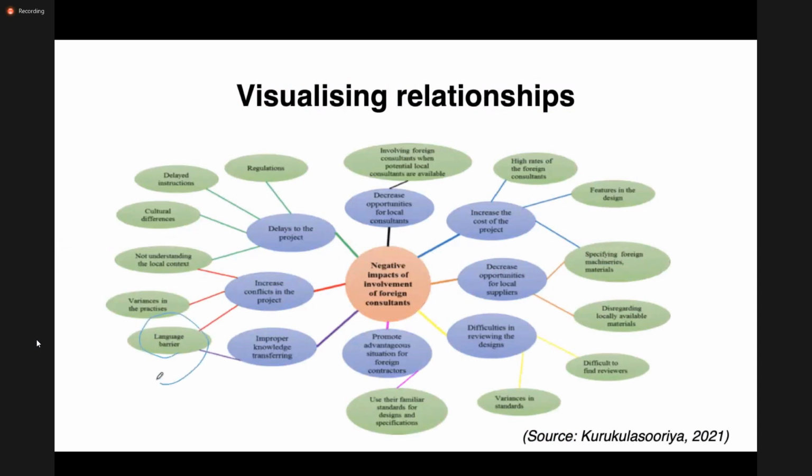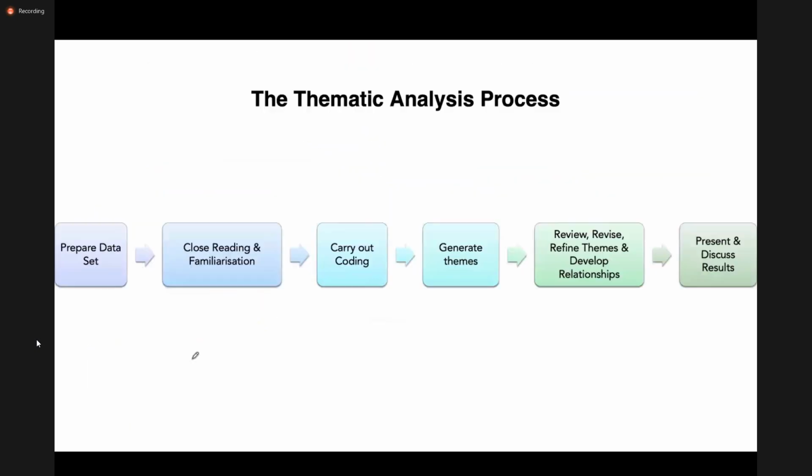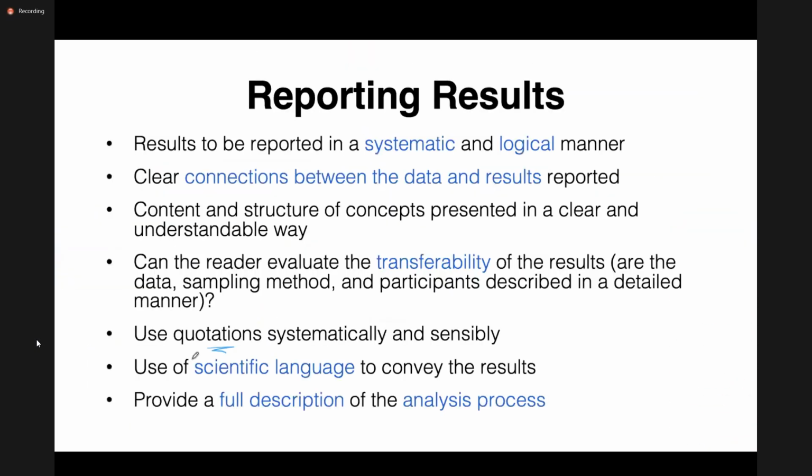So say, for example, when you're talking about this language barrier, if there's a nice quote that you have from one of the interviewees that helps you to explain how this is an issue, you can use that in the explanation of your findings. So use these quotations in a useful way, a sensible way to serve a particular purpose. So use proper academic language when writing your results, and fully describe your analysis and data collection processes.